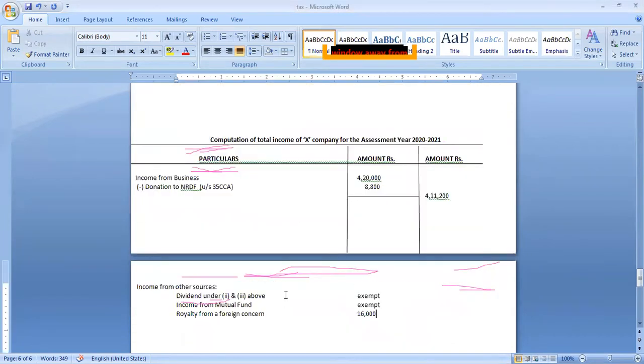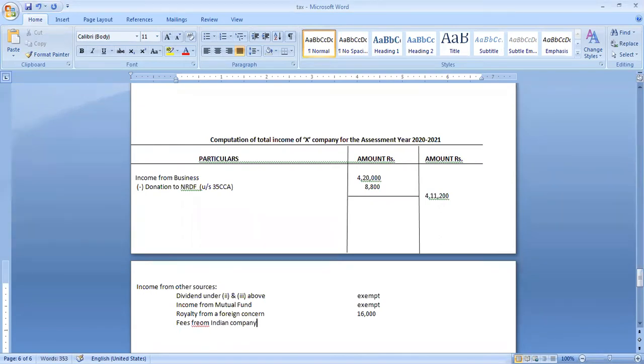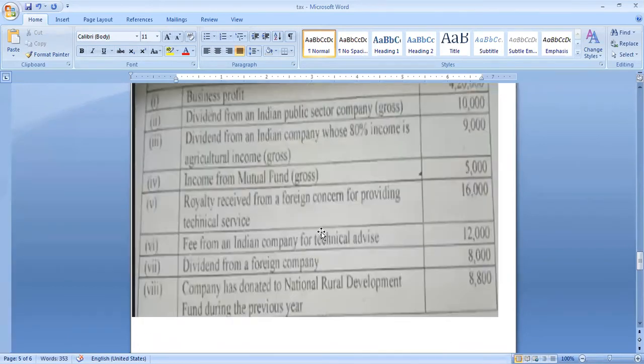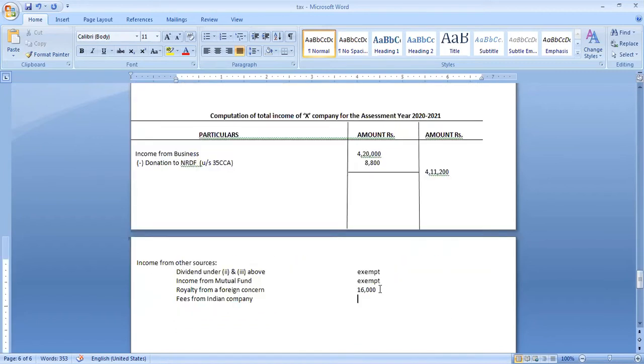So next item is fees from Indian company. In the problem, how much is there? 12,000.